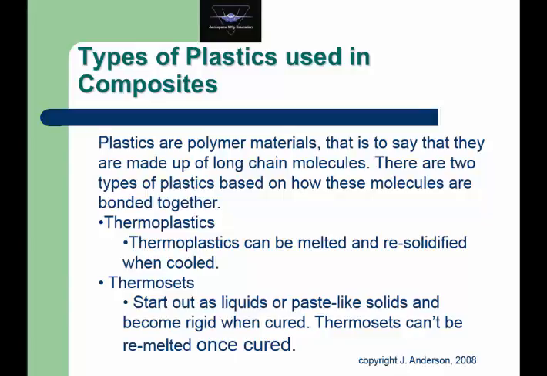There are two basic types of plastics. I think we talked about this in materials, based on how these molecules are bonded together. Thermoplastics: in thermoplastics, these base chain molecules are not chemically bonded one to another. They're not cross-linked.